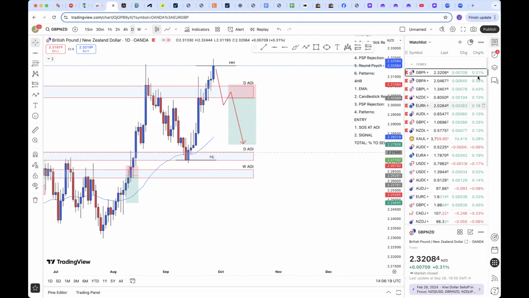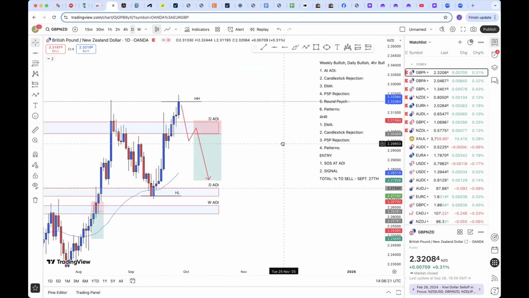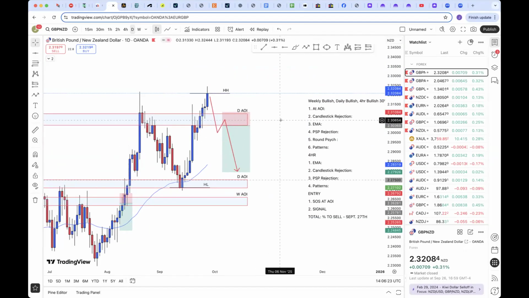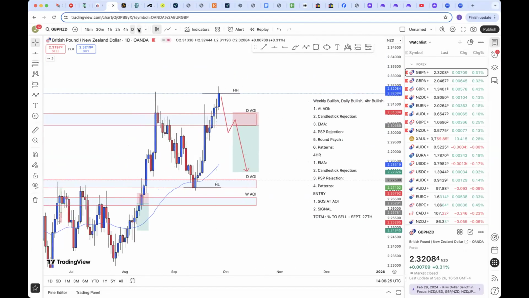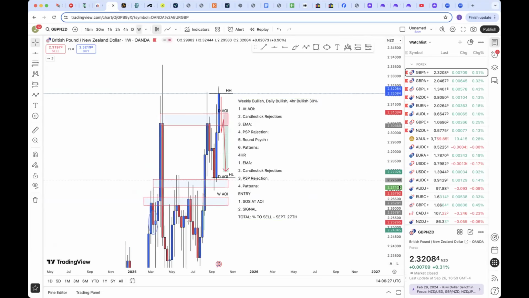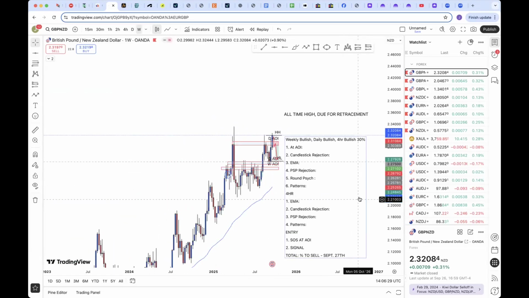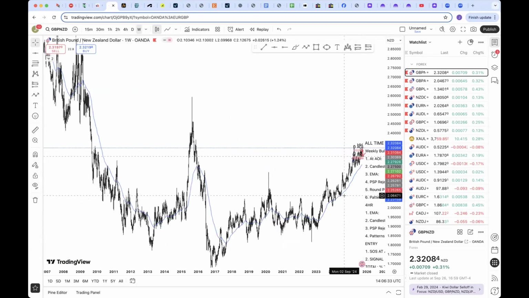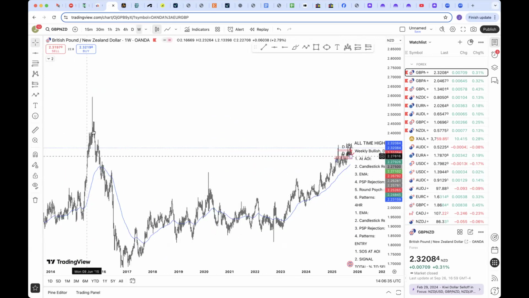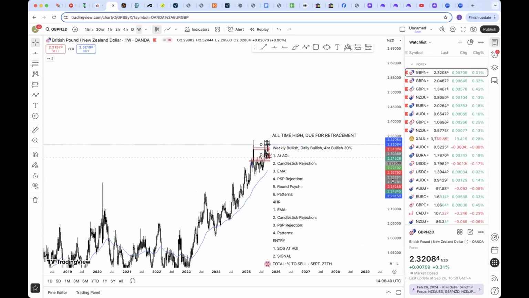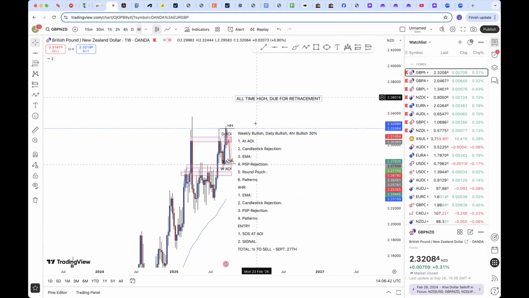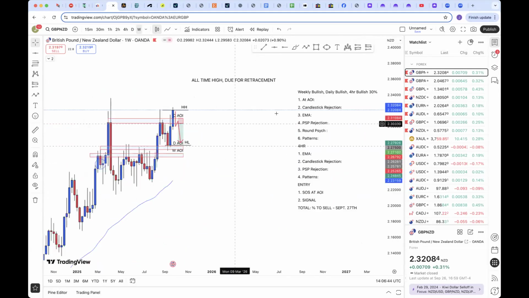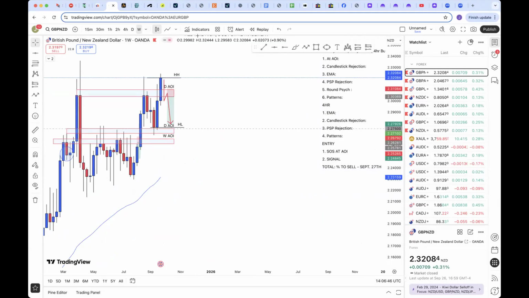My first pair, GBP NZD, just because of market positions, we are bullish in all time frames, and we are at an all time, not all time, but we haven't been that high since like a decade ago. So for this reason, I am waiting for a retracement to happen.